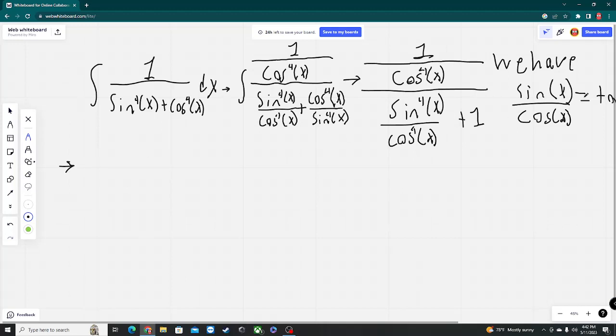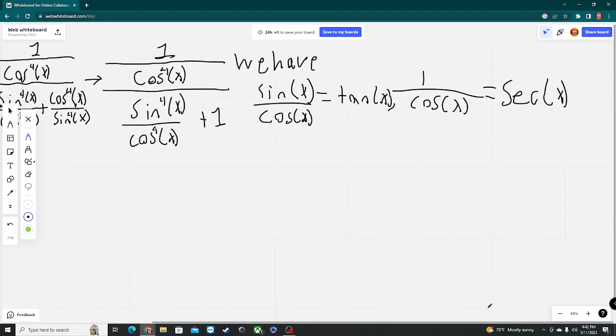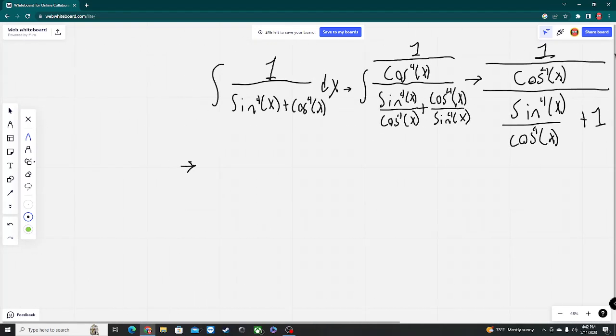So remember our substitution, we have sine x over cosine x equals tan x. And then we had, if I go back, 1 over cosine x equals sec x. So that's what we're going to use for our substitution. So remember, we still have our 4 there.